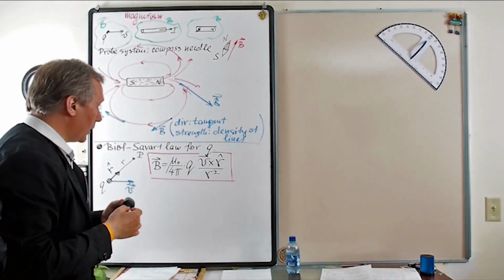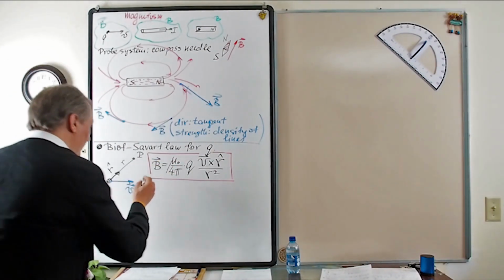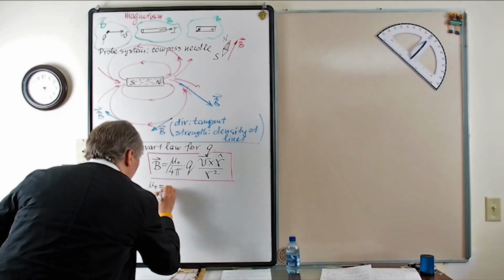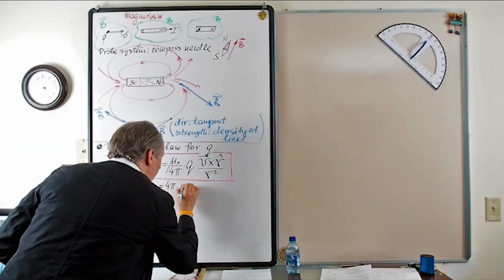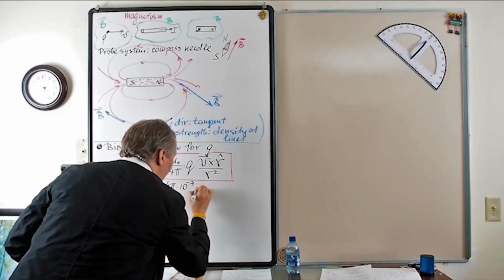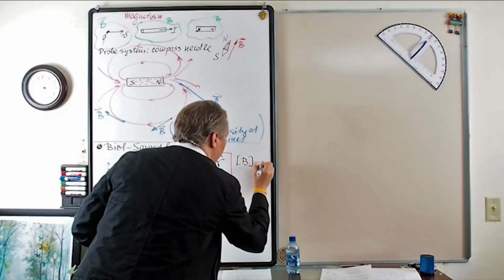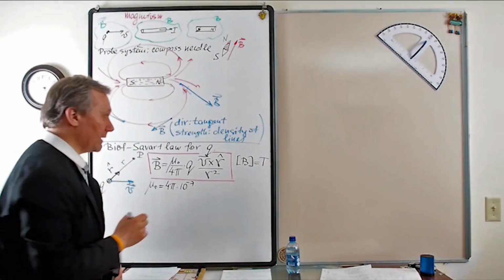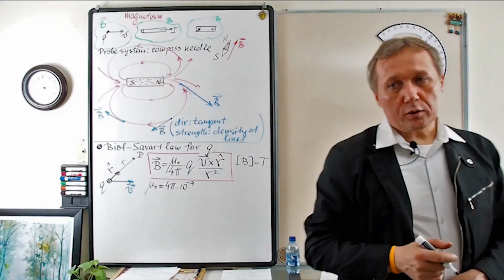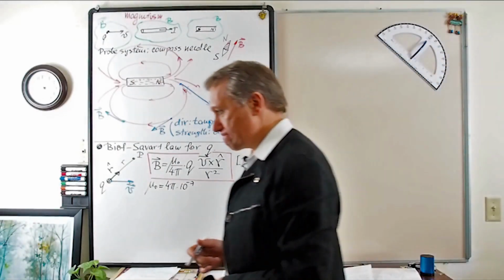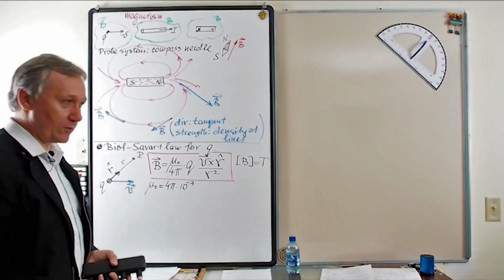Right, and now let's discuss. First of all, the constant mu naught. Okay, first let me write the value: 4 pi times 10 to the power of minus 7. Units of magnetic field are Tesla, named after that great guy who introduced lots of innovations at the beginning of the 20th century.